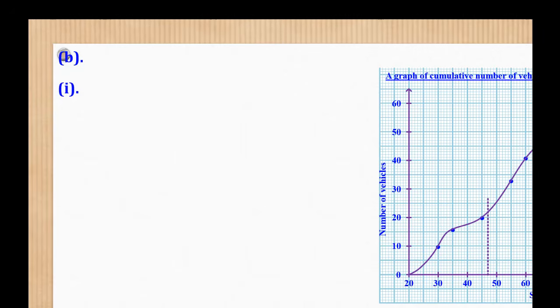So for Roman 1, 47, you shall get 47 here on the horizontal, take a vertical line up to meet the curve, then take a horizontal line to meet the vertical axis, and you read off that value, which is 22. Then also go to 70, take it up to meet the curve, then take a horizontal line and read off that value. Then the number of vehicles moving within the speed limit is this minus this.